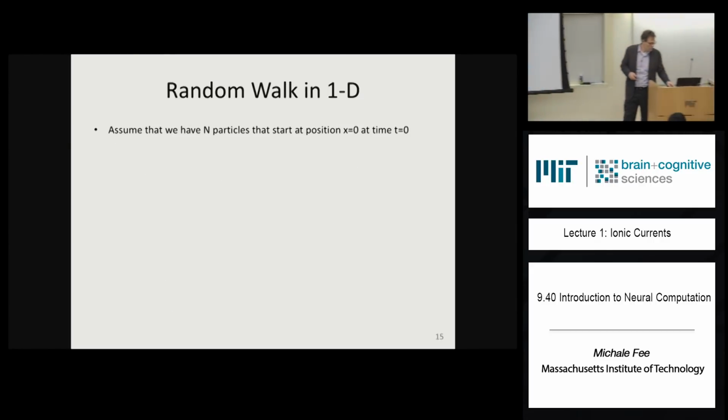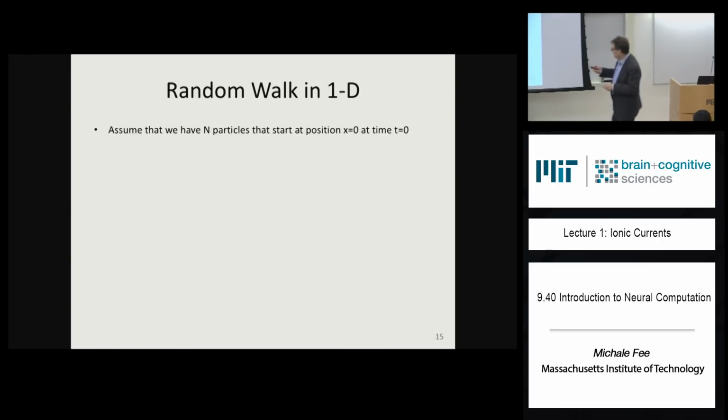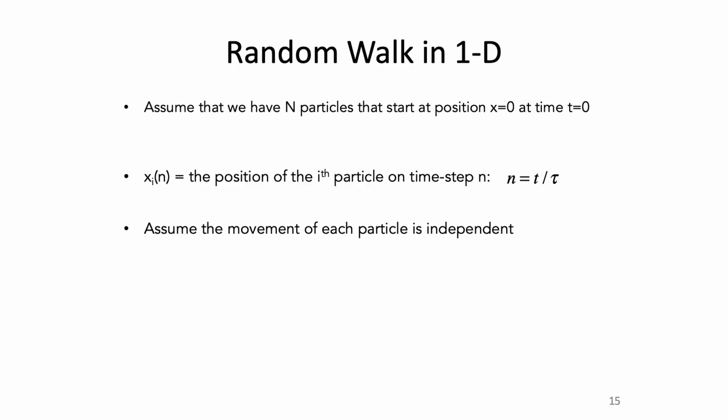So if we start with n particles, and all of them start at position 0 at time 0, then we can write down the position of every particle at time step n, the ith particle at time step n.